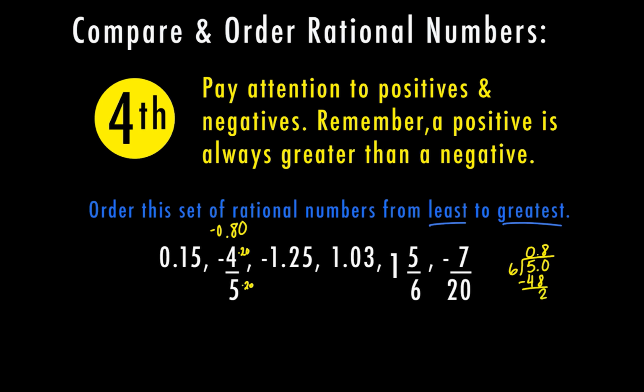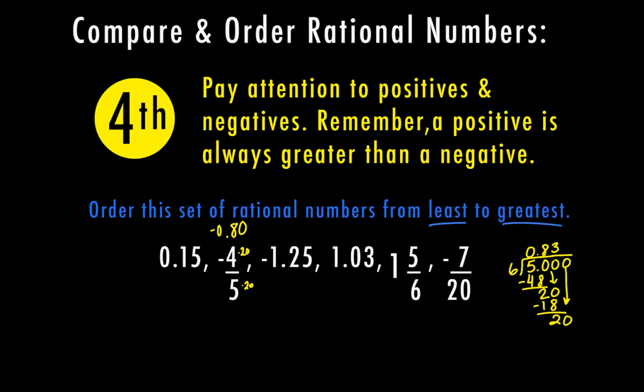So when I subtract, I have 2 left over, and we're going to bring down a 0. 6 goes into 20 3 times. 3 times 6 is 18. When I subtract, I have 2 left over. I'm going to bring down my 0.